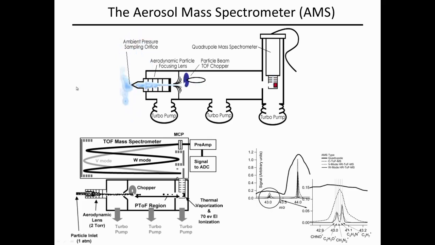So what very high resolution time of flight mass spectrometers allow you to do is separate the mass spectral fingerprints of the different molecules. So that can allow us, for example, to separate out the different fractions of chemical components as shown by that part of the mass spectrum.